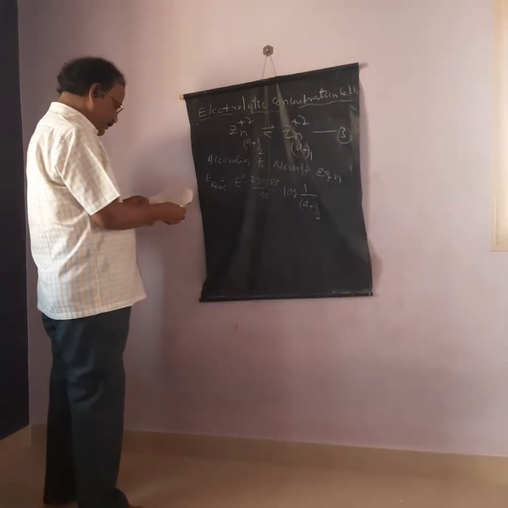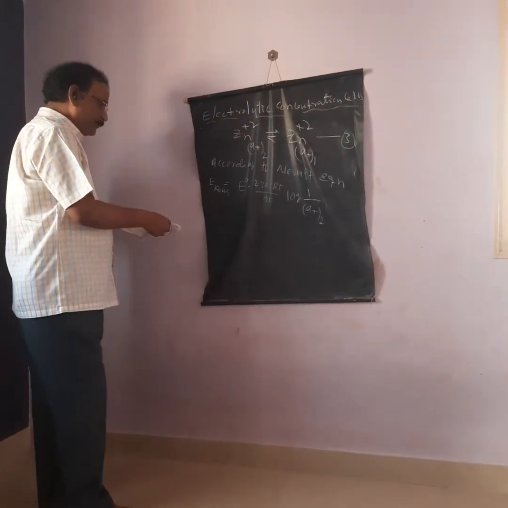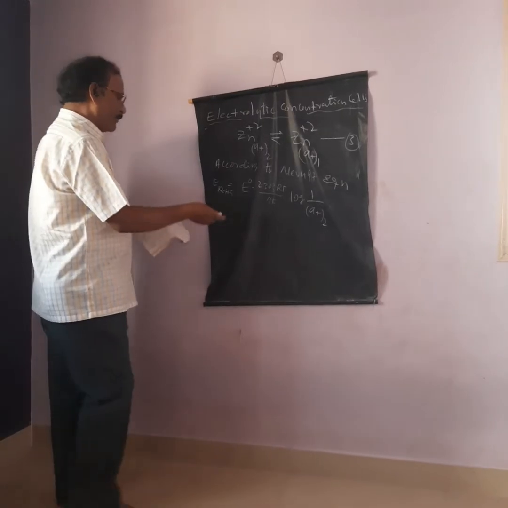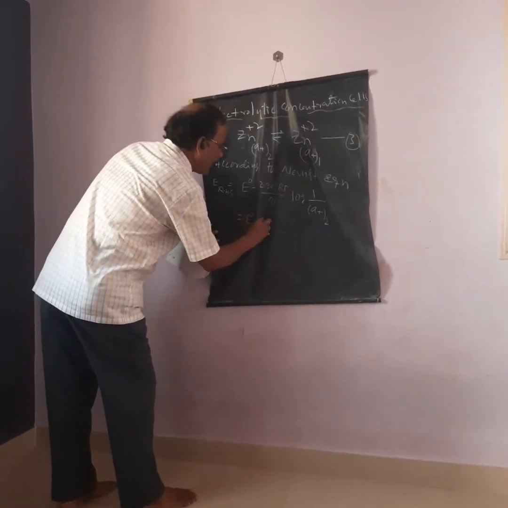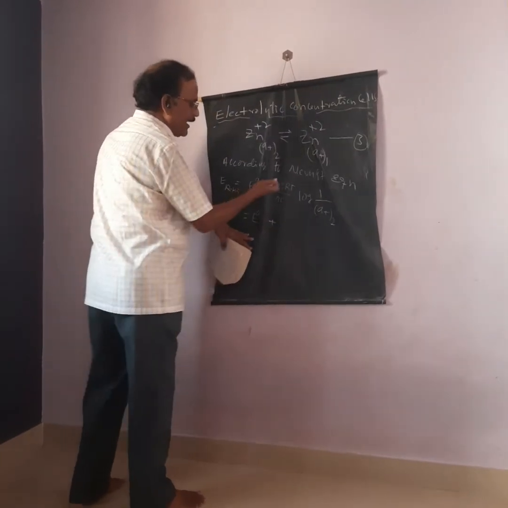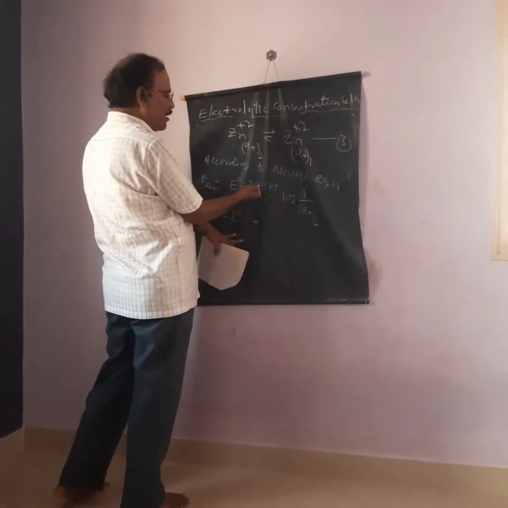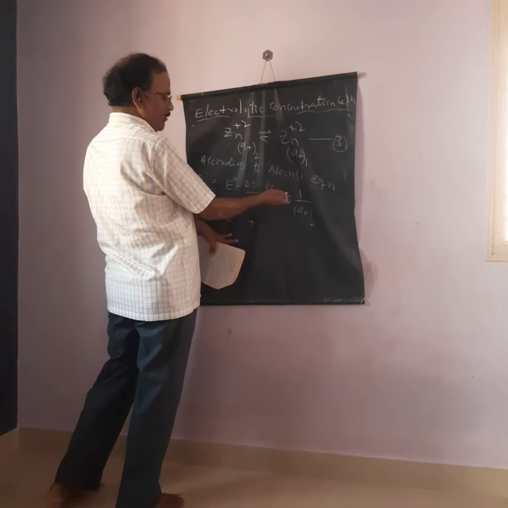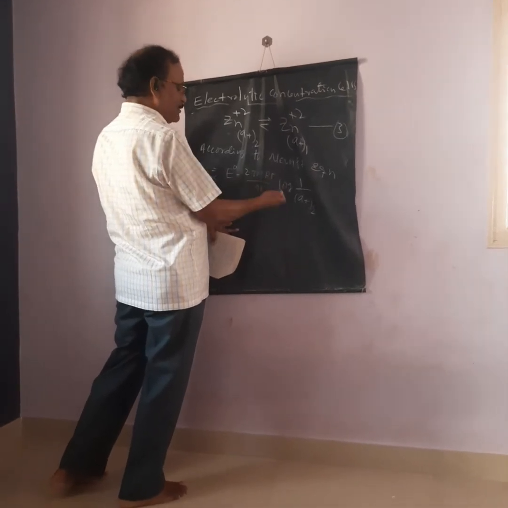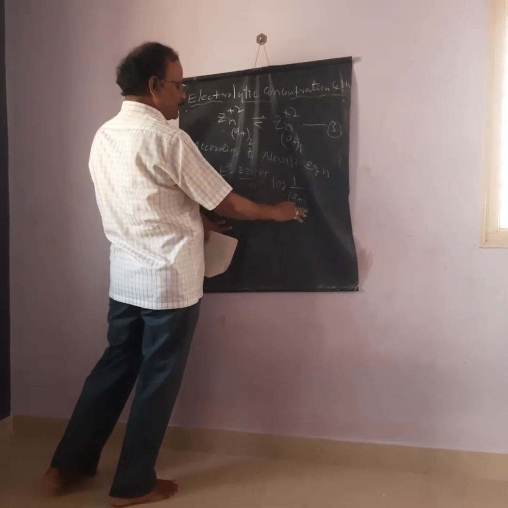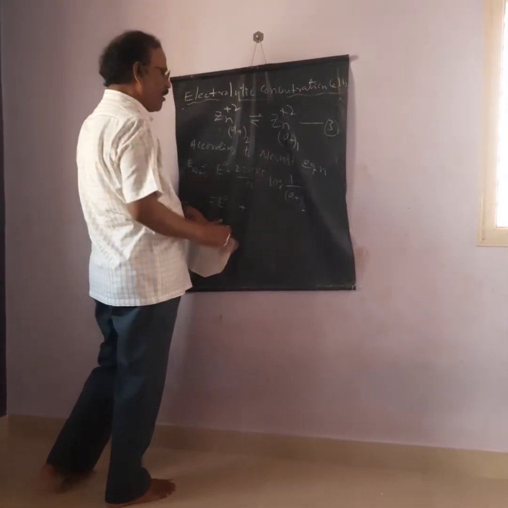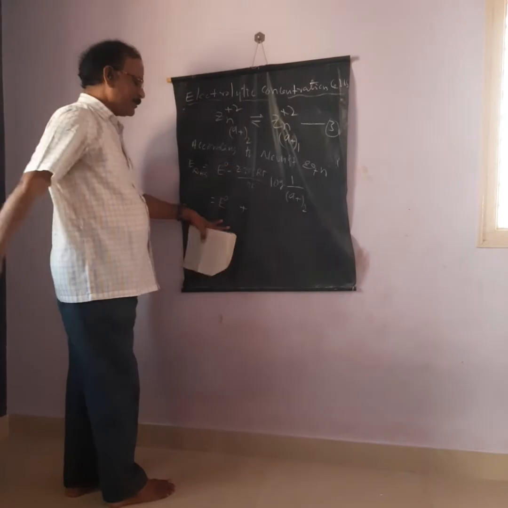Or you can write this as equal to E0 plus, if you take ln or log, and if you take log, then 2.303 into log. Ln 1 upon A2+ divided by n, I have taken log multiplied by 2.303.